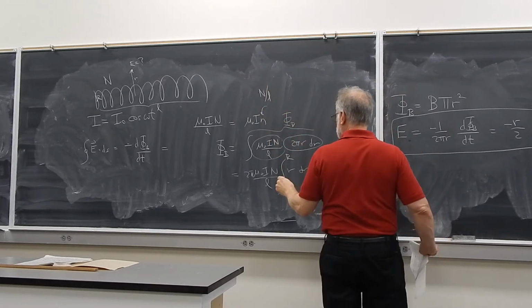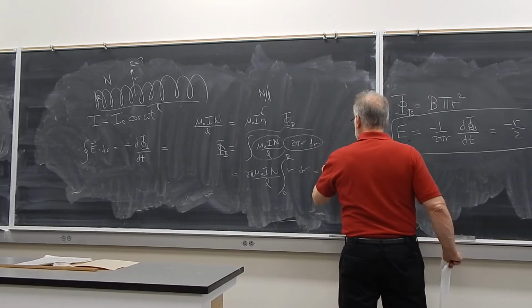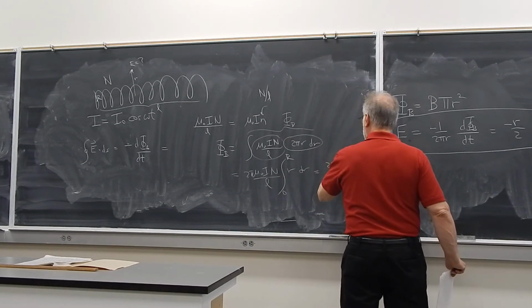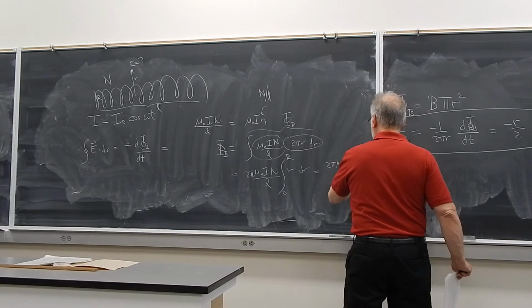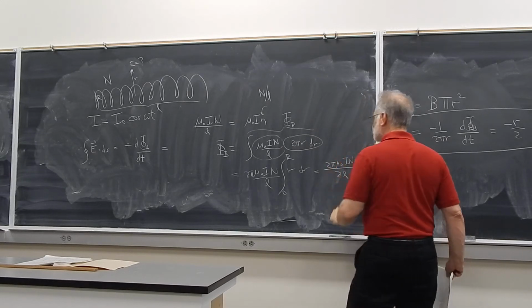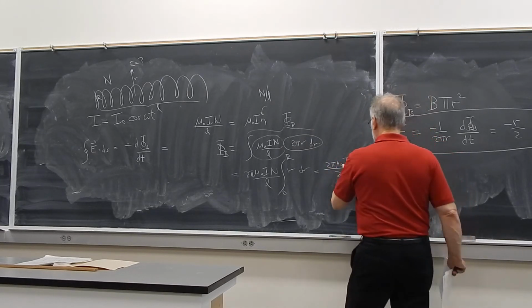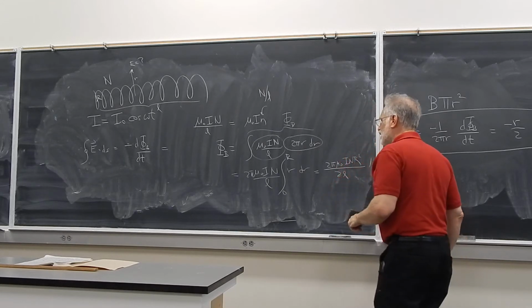When I do that, I'm just going to get 2 pi mu naught I N R squared over 2L. And of course, when I put my limit in, that becomes capital R squared.